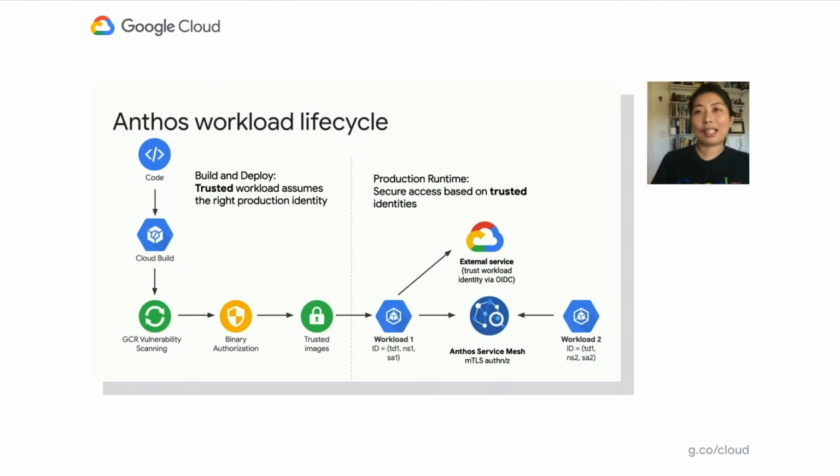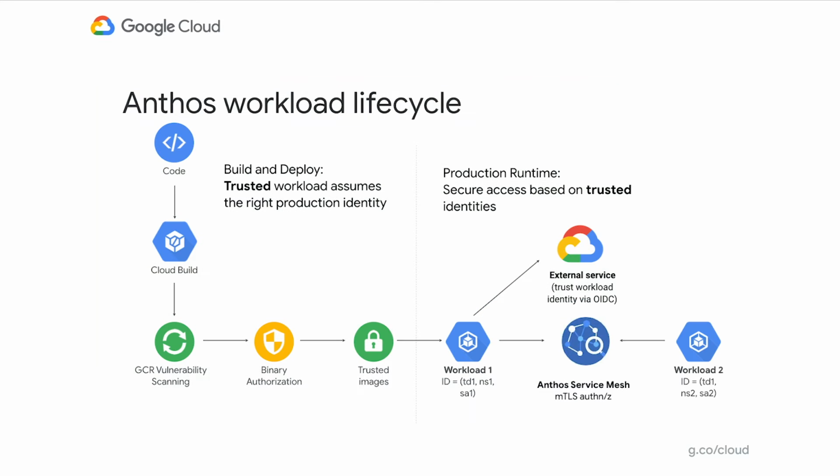Thank you, Samrat. If we take a look at workload lifecycle, it can roughly be categorized into two phases: the deploy phase and the runtime phase, with production identity acting as a linchpin that ties together the two phases.